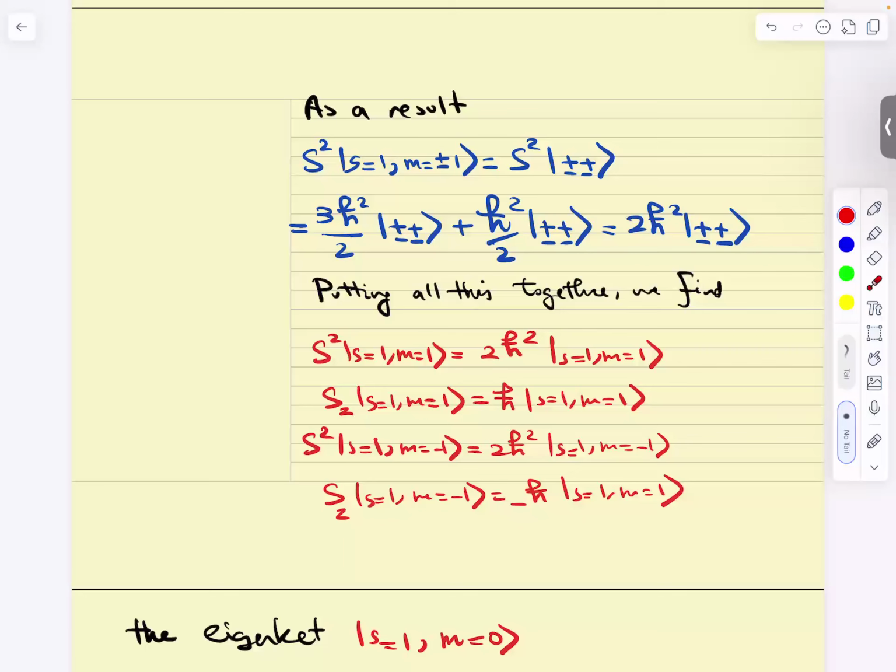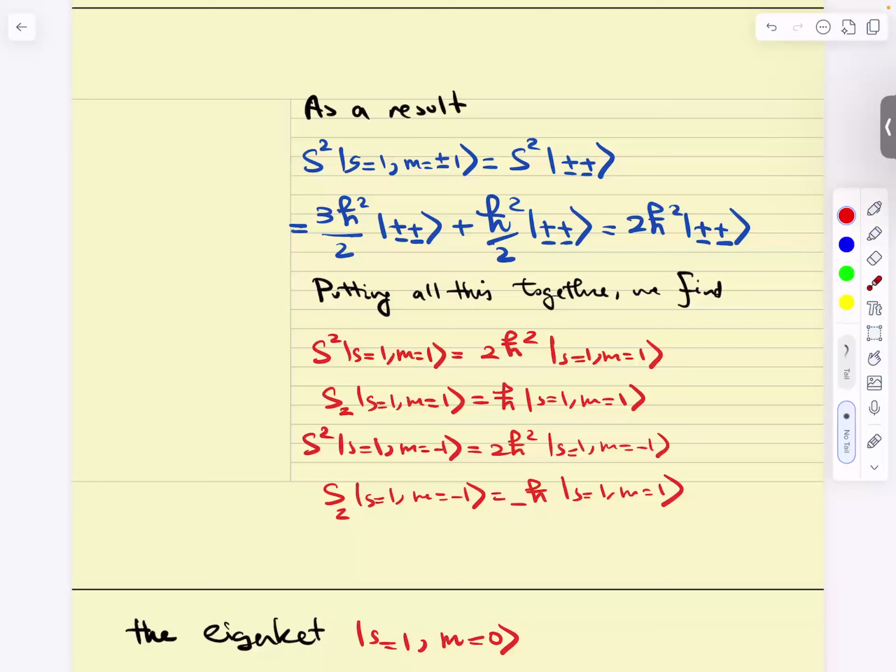So these are simultaneous eigenkets of these two operators. Pay attention to the eigenvalues. What is the total spin that this is describing? Remember the eigenkets of S squared? We wrote them as |J,M⟩, and the eigenvalue was ħ squared J(J plus 1). So this equation compared to this tells you that J is 1.